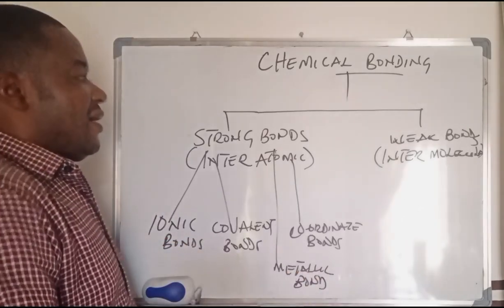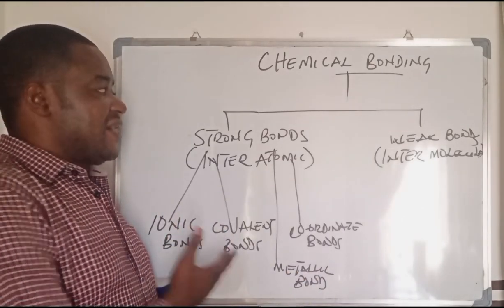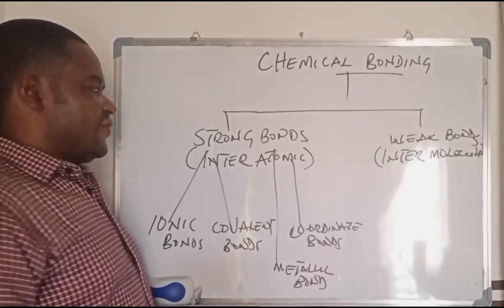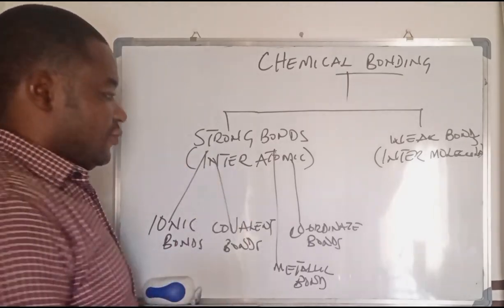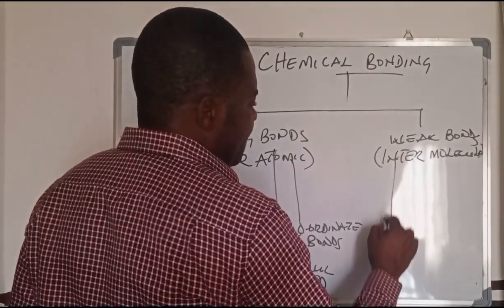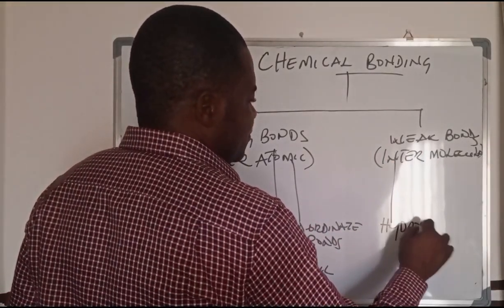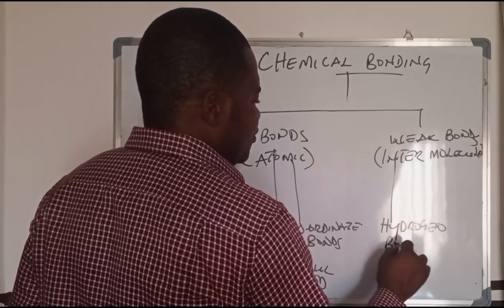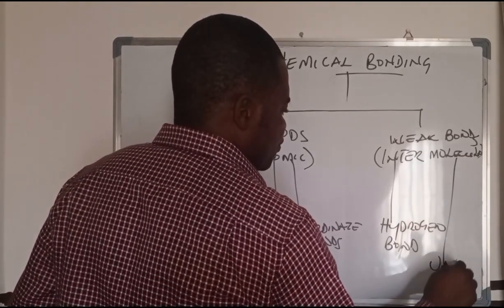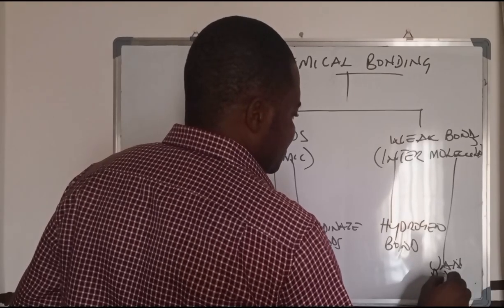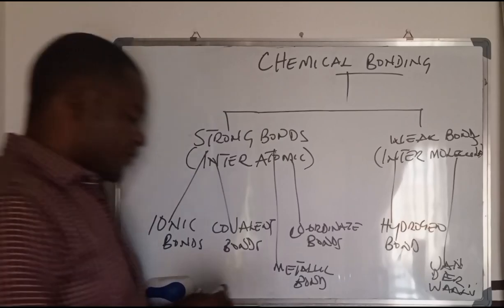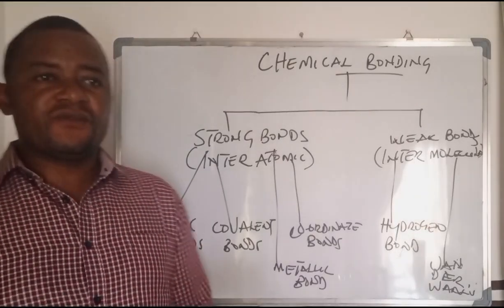These bonds are classified as strong bonds, usually featuring themselves around the atom. Now, in the weak bonds, we have hydrogen bond. We also have the van der Waals forces of attraction or bonding, as you may want to describe them.